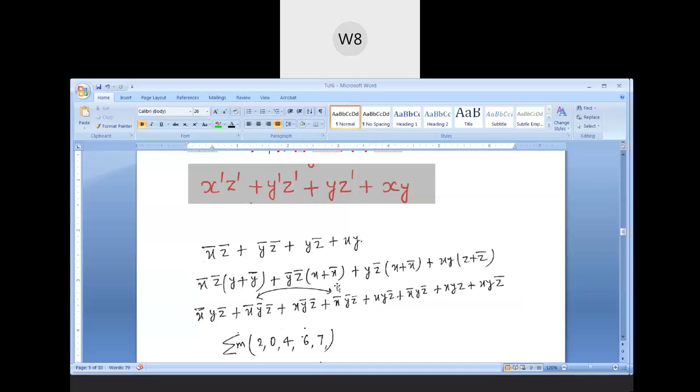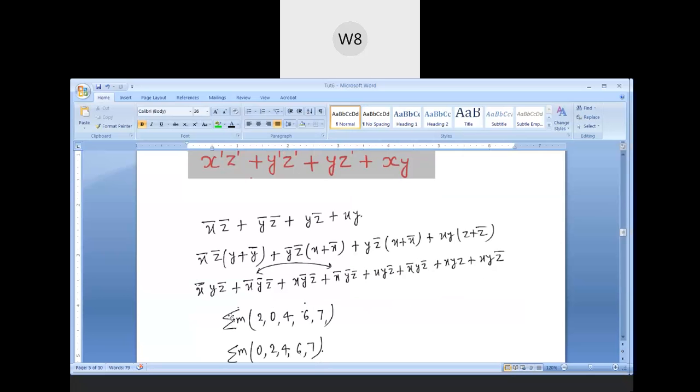This process can be repeated for the remaining three terms of the function, and ultimately we will have a sum of terms which will have all the variables, and then we designate each of them by their min term number. For example, this is 0, 1, 0, which is 2. So the first term is min term 2, M2.